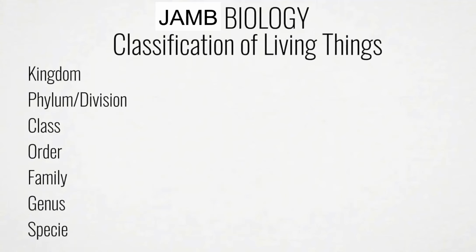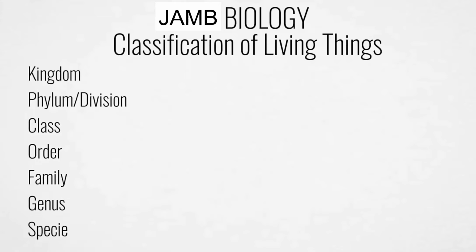You must know how to outline these in their order of hierarchy. Also note that the phylum for animals is replaced by division in plants. So after kingdom, you have phylum for animals, whereas you have division for plants. Let's go ahead and consider how we can classify human beings using this hierarchy.